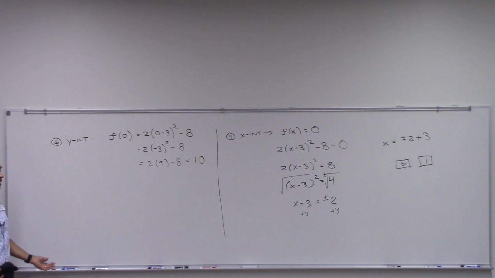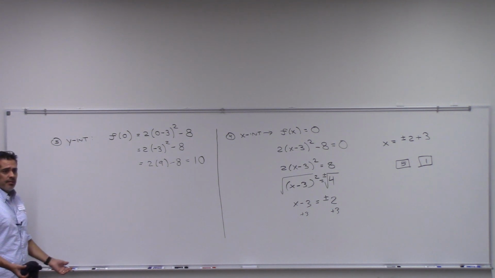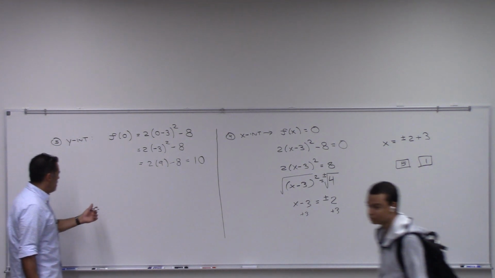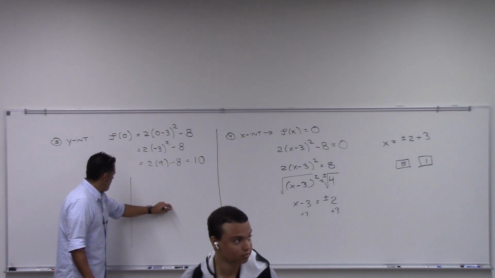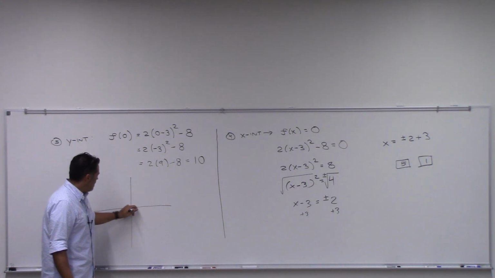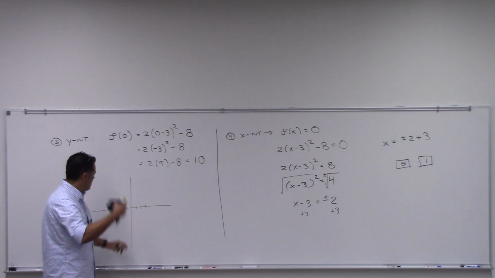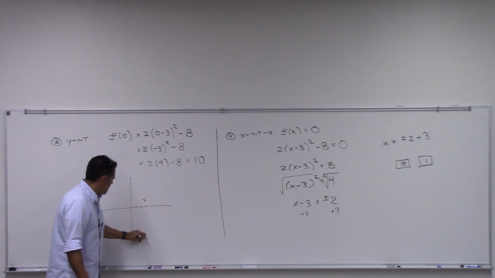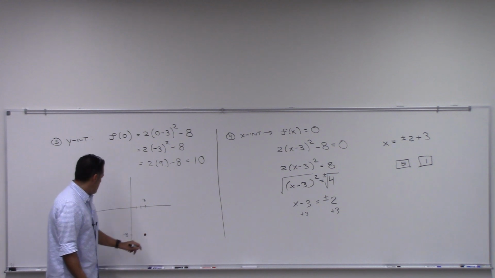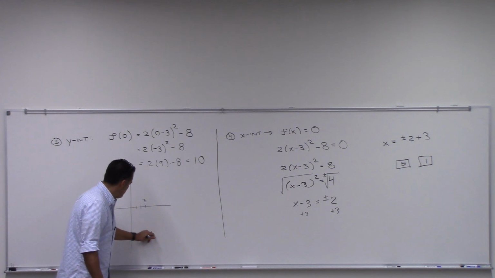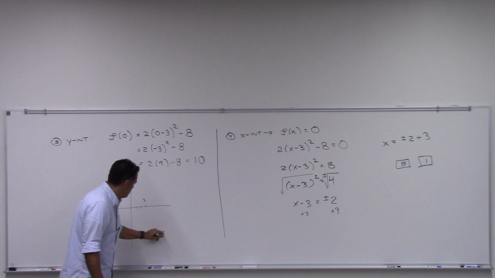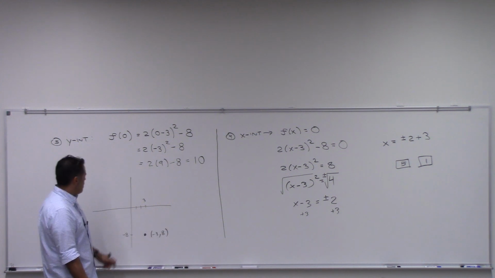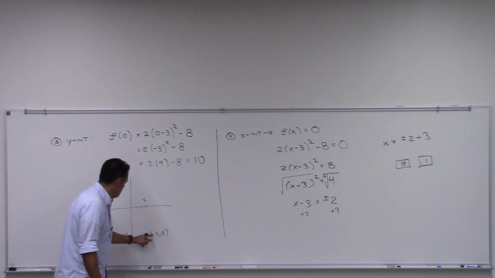And now we should have everything we need to draw this thing, right? And the drawing's over there, but I'm going to do my own. My vertex: 1, 2, 3 to the right, 3, down 8. So I put a vertex here. Negative 3, positive 8. Wait, was it? No, sorry, not negative 3. Why did I put negative 3? What was it?